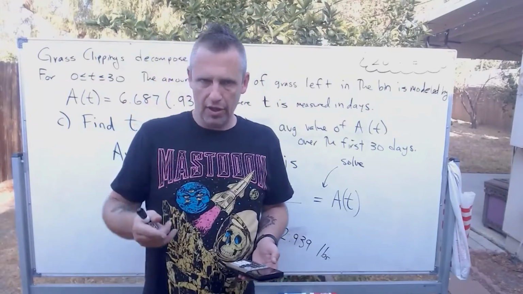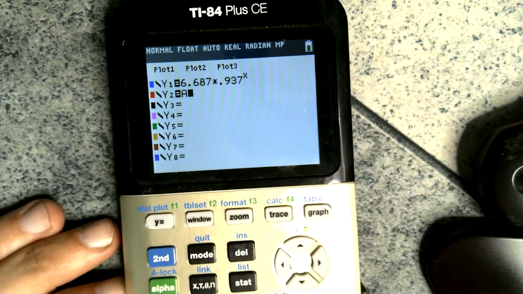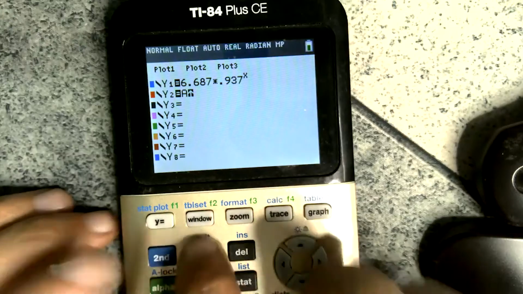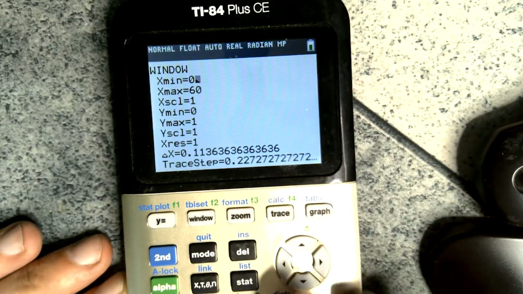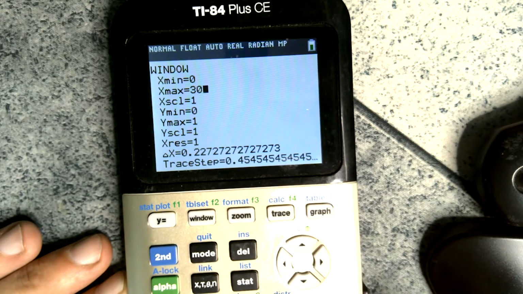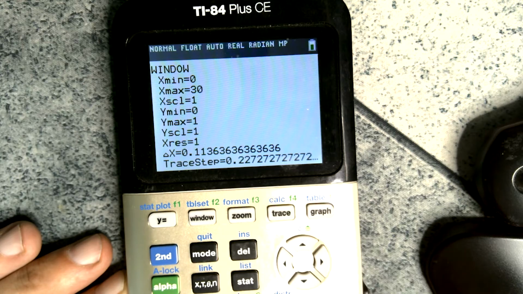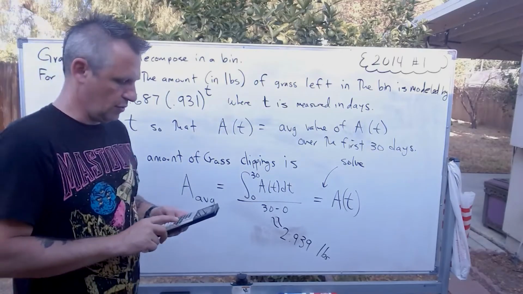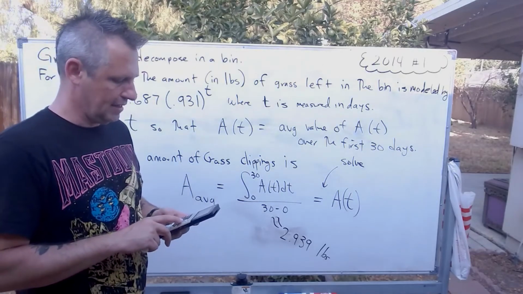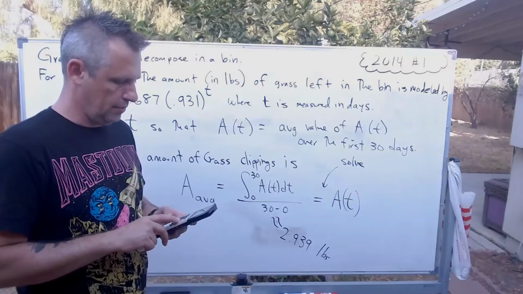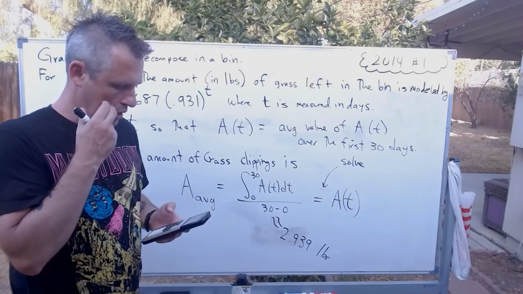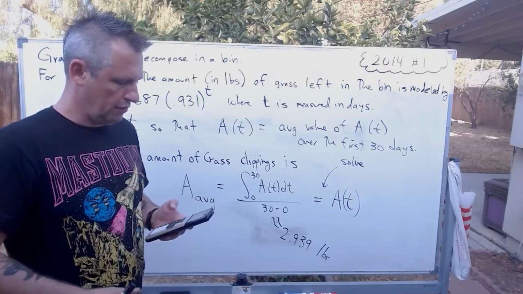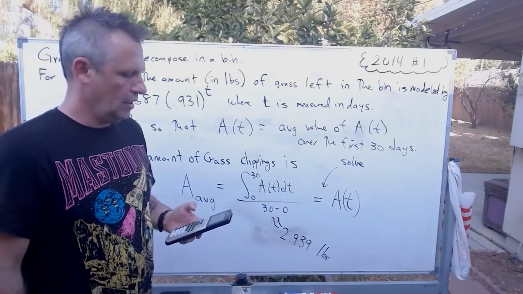So the first thing I realize is that the role of t is being played by x here. So we're talking about x values, and we're really only going from 0 to 30. So that's what I'm going to make my x scale be. My y scale, the biggest y is 6.687. So I'm just going to put 7 for my max and 0 for my min. And this goes 1. Then I will go ahead and graph this and see what I get.